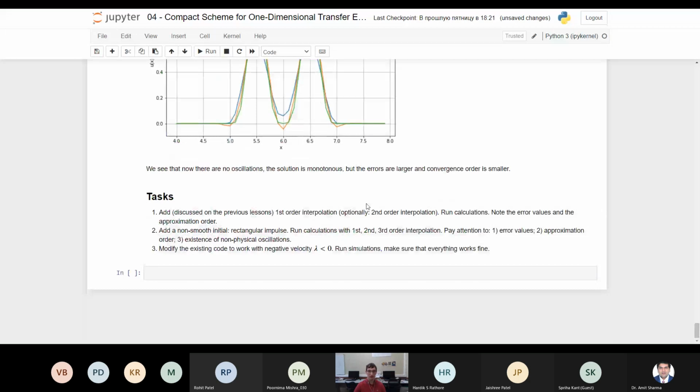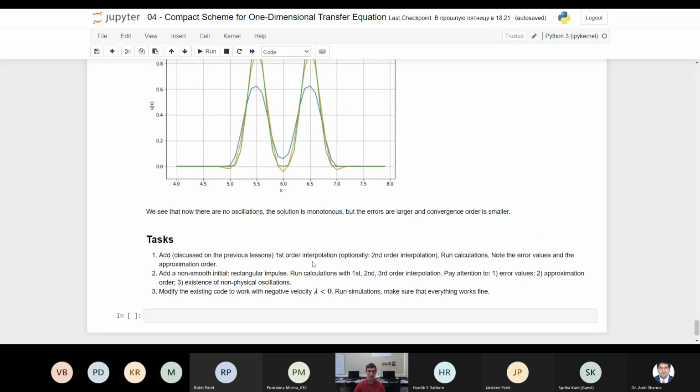And you will see that the error values in general will be greater for the rectangular impulse, and the approximation order will be lower. But high order schemes without monotonizers will create non-physical oscillations near the discontinuities of the solution.